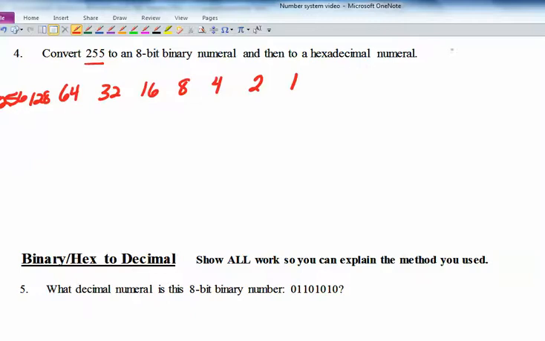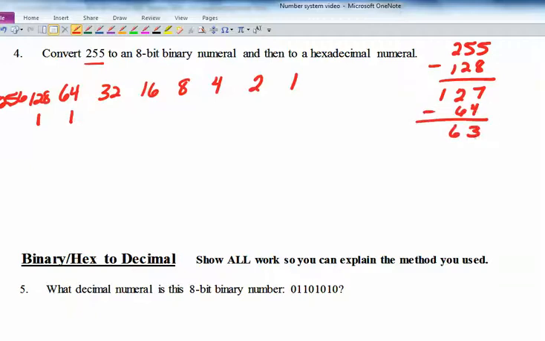Then you would proceed the same way we have. So I know I can start out with 1 group of 128, and let's find out what our leftover is here. 127. Do you notice it's just 1 less than the power of 128? So now we can of course take out 1 group of 64, and when we subtract, notice now we have 63.